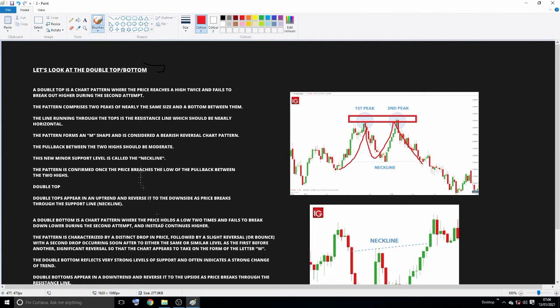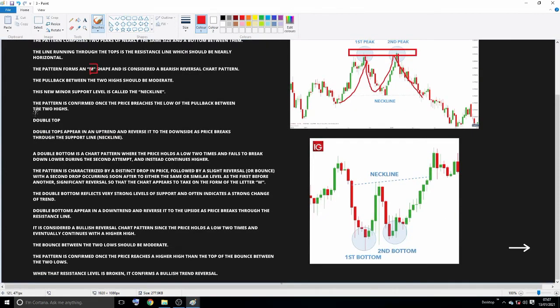So the double top forms an M. The pullback between the two highs should be moderate. This new minor support level is called the neckline.